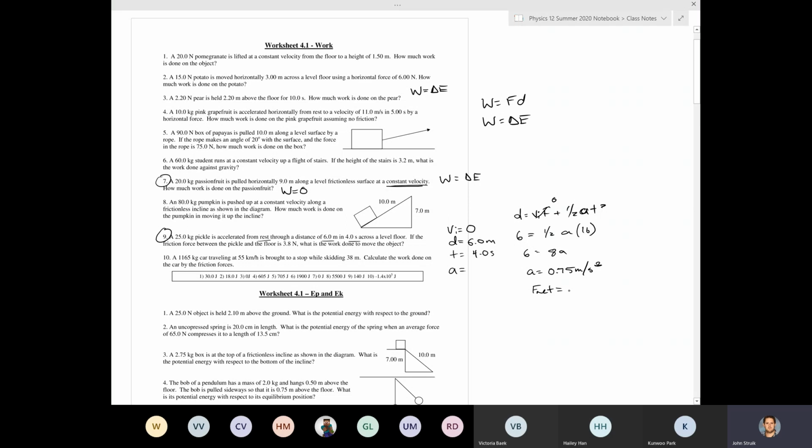So your F net is going to be MA. So then you can go 25 times 0.75, to find your F net, which is 18.75 newtons. Okay. Now it's asking for the work done.